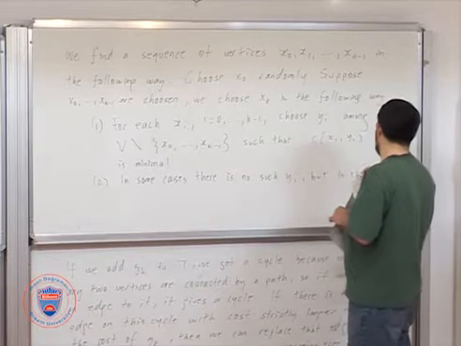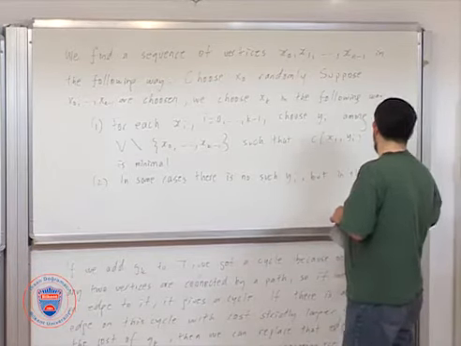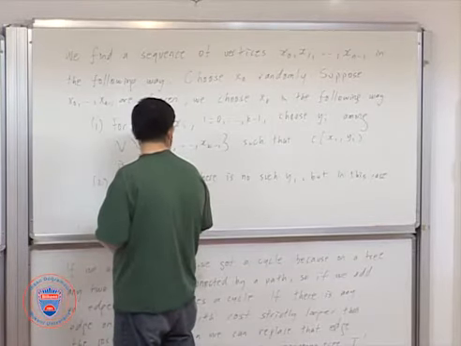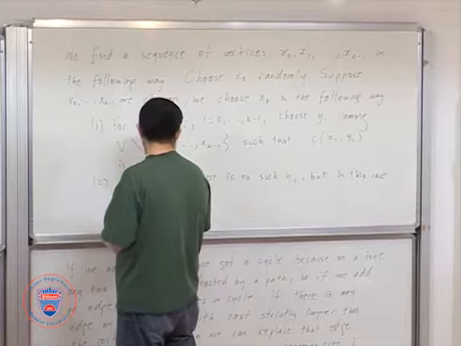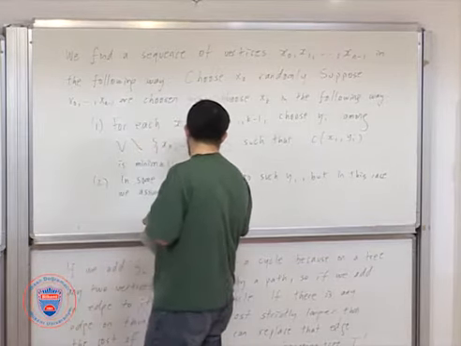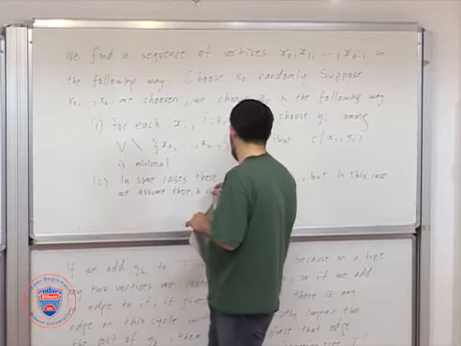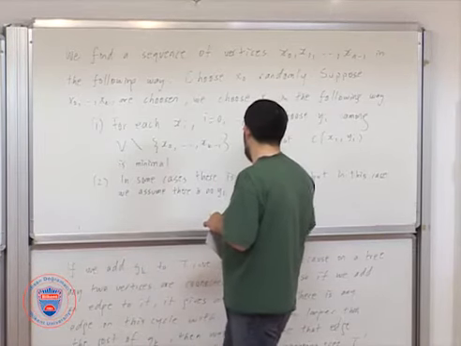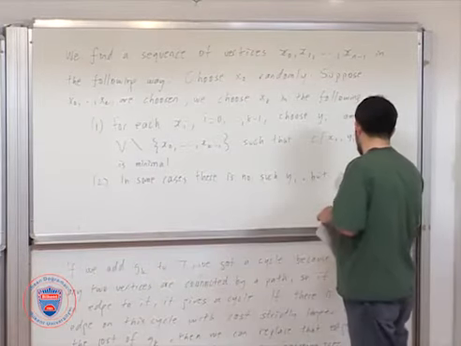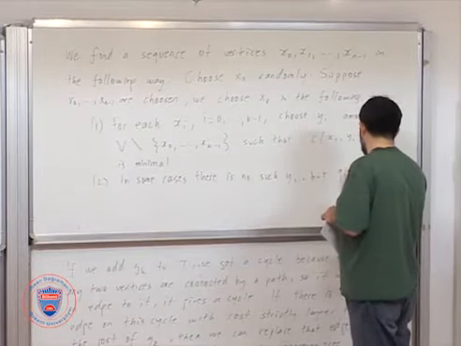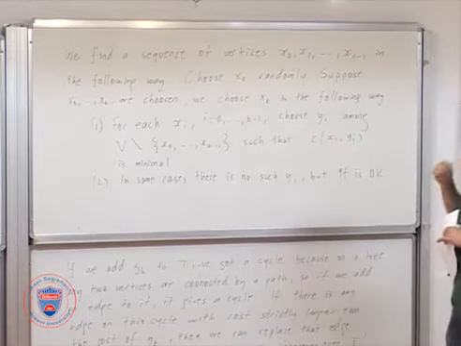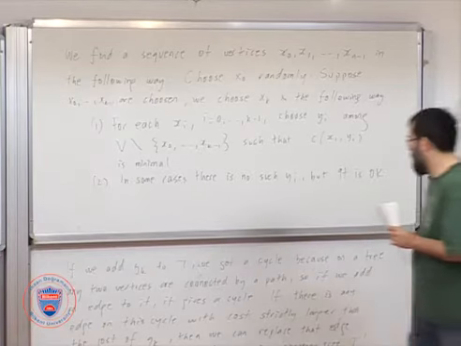In this case, we assume there's not. I mean, if you cannot find the yi, in some cases you won't be able to, then it's okay.